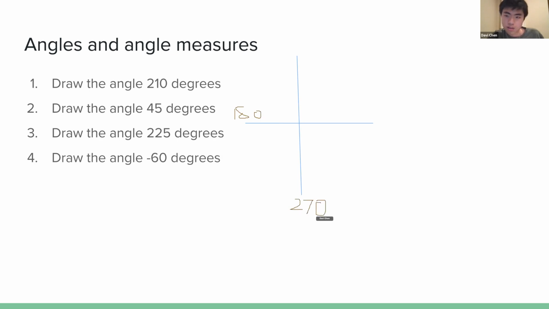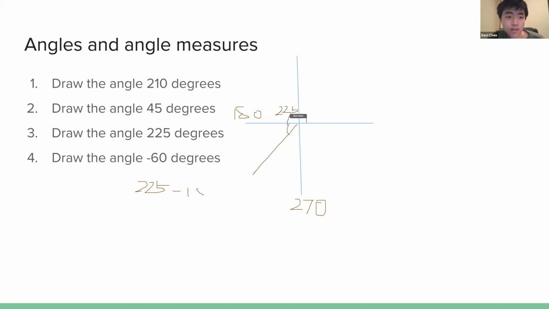So you use 225 minus 180, you get 45 degrees, and you just draw a 45 degree angle here. So here is 225.